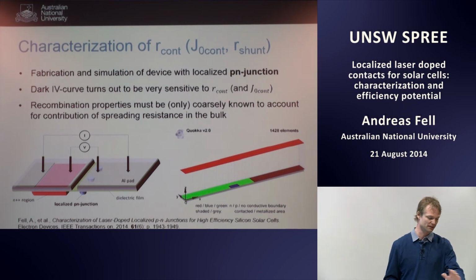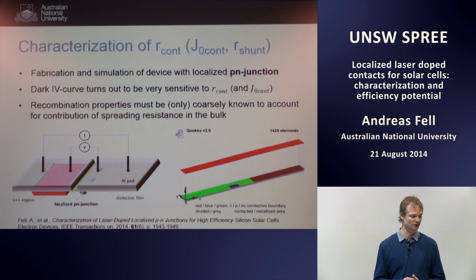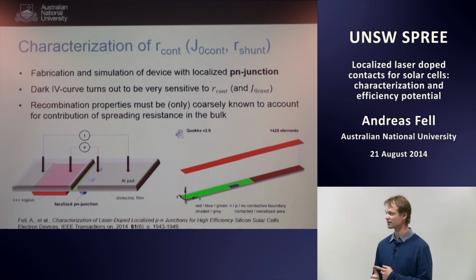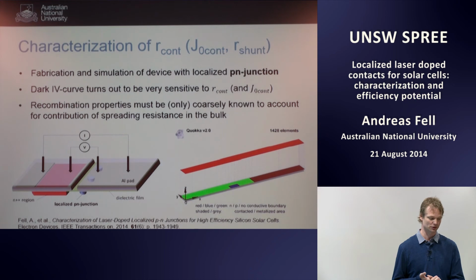And it turns out you can simulate that dark IV in Quokka as well, and you can then optimize different properties to it, which are of interest, which is the contact resistance, the main thing for this test structure. But it turns out it's also sensitive to the recombination current density of those features. And you can actually also see the ideality, at least if the recombination is bad.